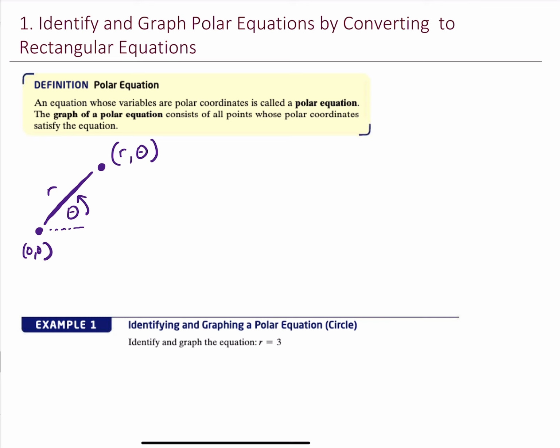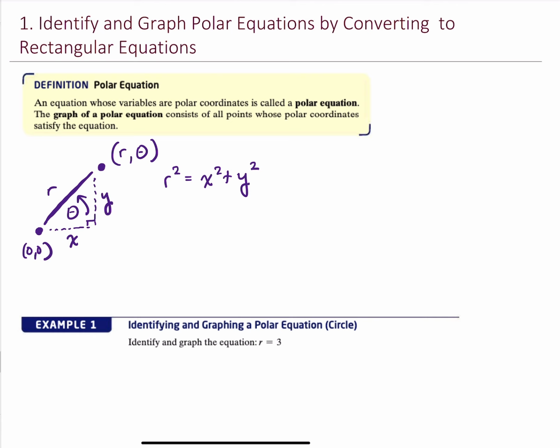But if we were describing this as a rectangular coordinate, this would be our x distance and this would be our y distance. So we get this xy-r triangle. And so we can get a few of our translation tools from this. Via the Pythagorean theorem, we can say that r squared should equal x squared plus y squared.